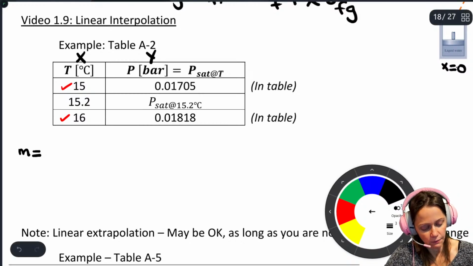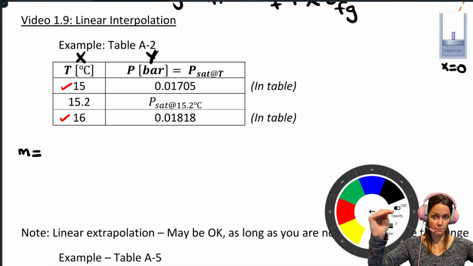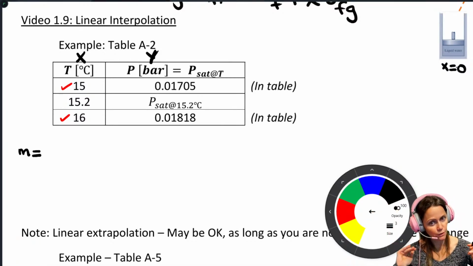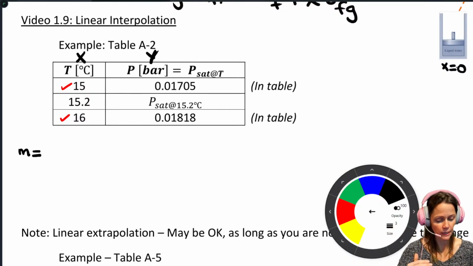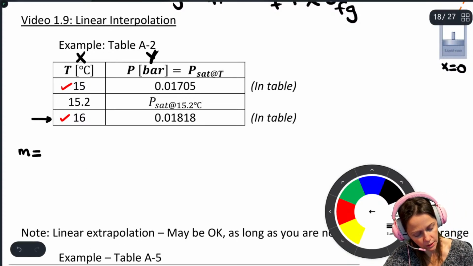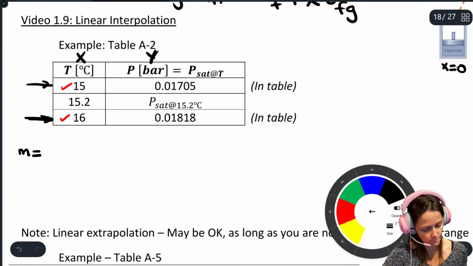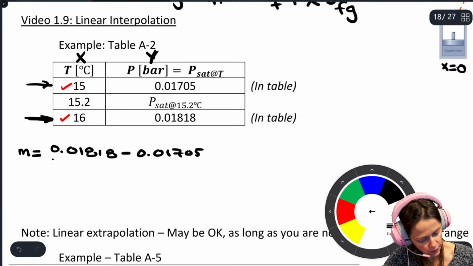If I call this right-hand side my y coordinate, I'm going to work from the bottom up. Just be consistent: either always work from the bottom up, or work from the top to the bottom. So looking at the slope for this one to this one, delta y is 0.01818 minus 0.01705 over 16 minus 15.